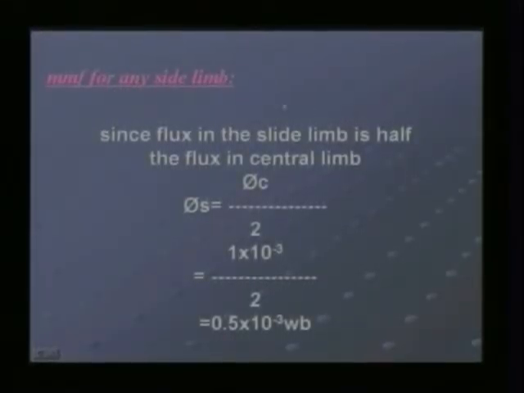Now, we will calculate the MMF for any side limb. Since the flux in the side limb is half of the flux in the central limb, the flux in the side limb phi s is equal to phi c by 2, that is 1 by 2 milliwebers, that is 0.5 into 10 power minus 3 webers.